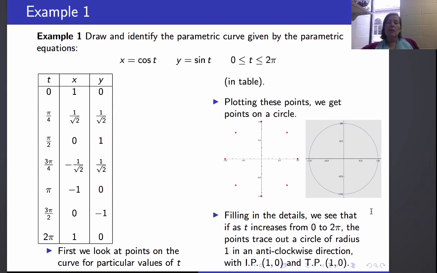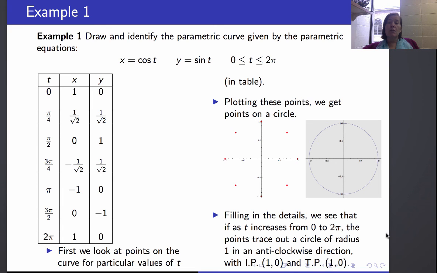So filling in the details for the angles in between the ones we've chosen, we see that as t increases from 0 to 2 pi, the points trace out a circle of radius 1, moving in an anti-clockwise direction from the initial point at (1, 0) to the terminal point at (1, 0), which coincides with the initial point.